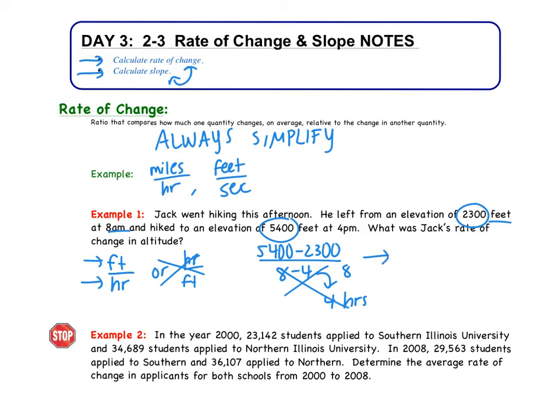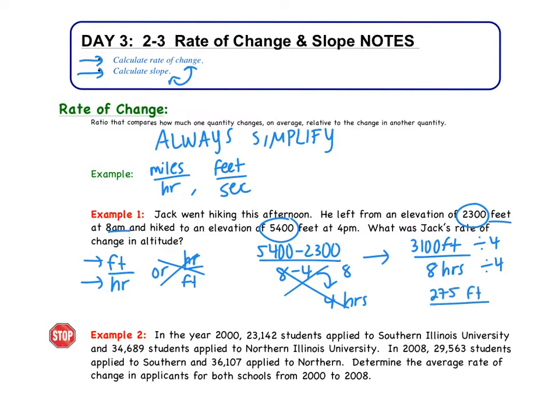So if I simplify this, in the numerator I get 3,100 feet. In the denominator, I get 8 hours, right? Feet per hour. We need to simplify this though. So again, simplify it like we wrote above. Always simplify. I can divide both in this case by 4. You would be allowed to use a calculator for that. I don't expect you to do it in your head.